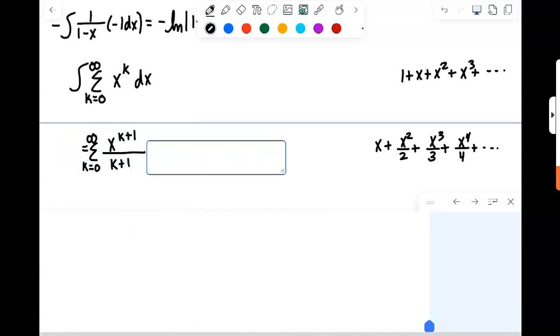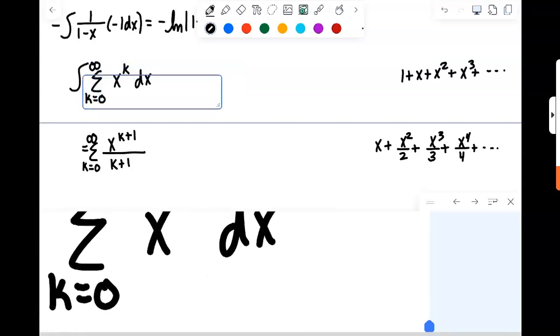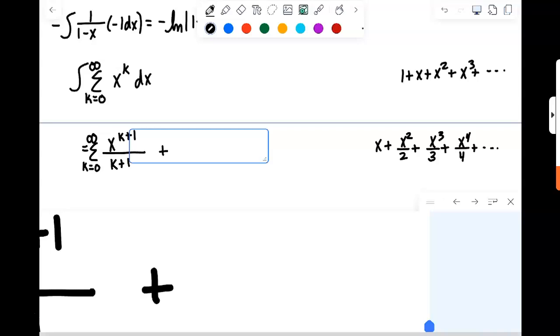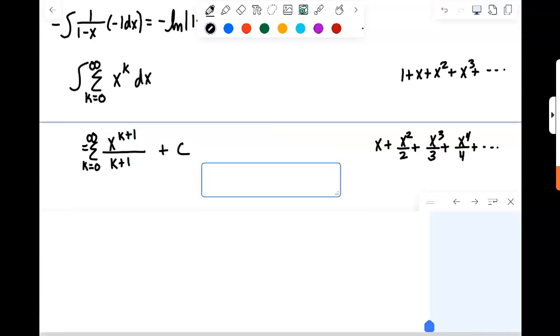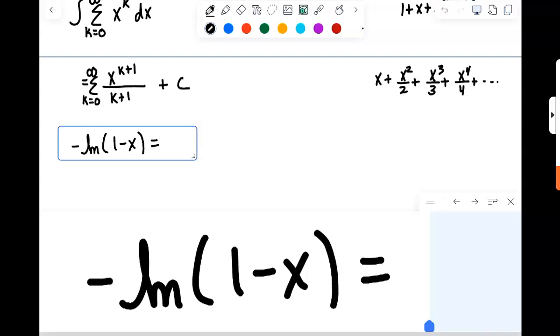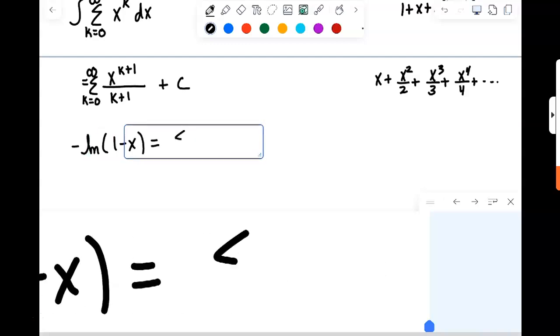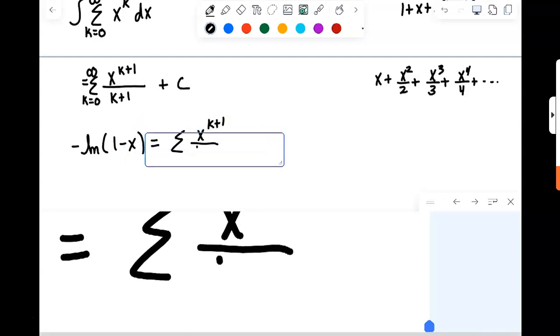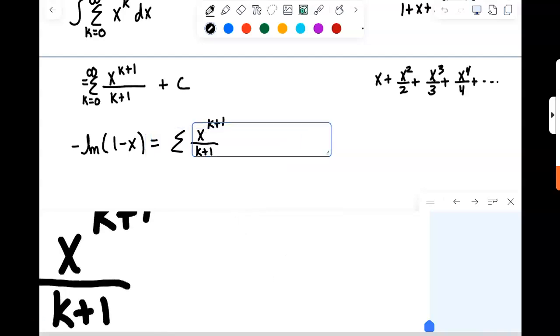There's one thing that's missing. These were indefinite integrals, so there is a plus a constant off to the side here. So at this point we have this result: negative ln of 1 minus x is equal to the sum of x to the k plus 1 over k plus 1, plus a constant c.